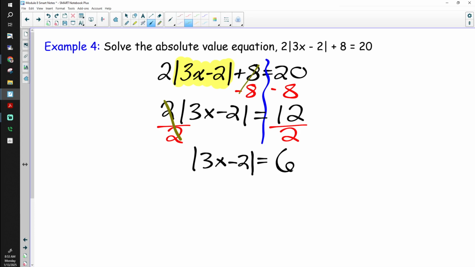Turn it into your 2 baby equations. These are going to have some decimals. You can leave it as a fraction. Case 1. Case 2.